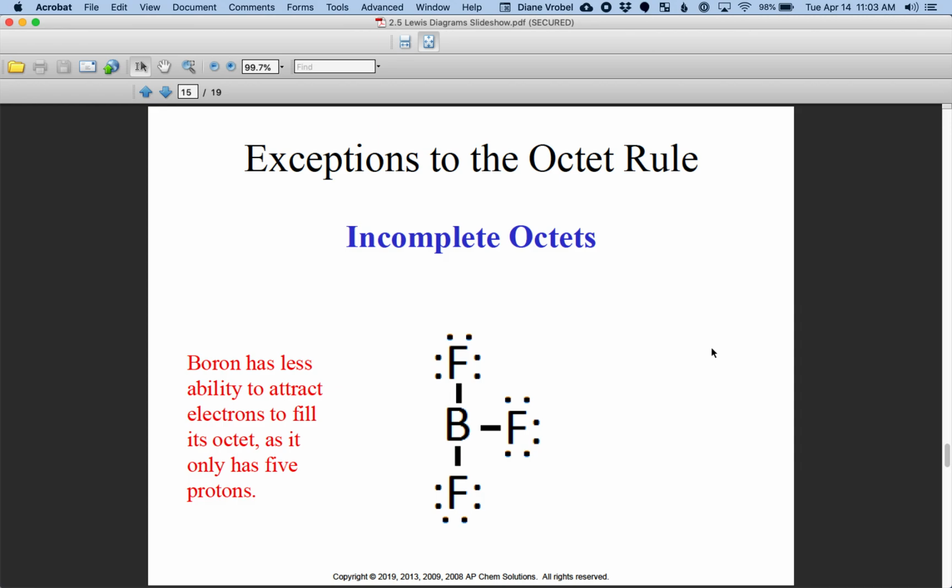Okay. And once again, they put boron in the middle because it's lower in electronegativity. You could argue that it also has fewer valence electrons, and as a result, it's the central atom. But notice that fluorine is highly electronegative. It does want to complete its octet, so that is why it's in the periphery.